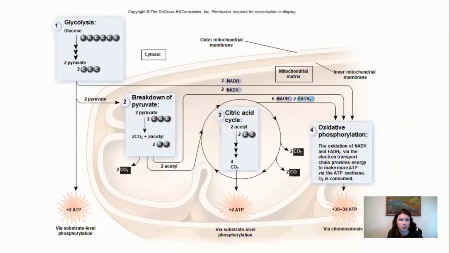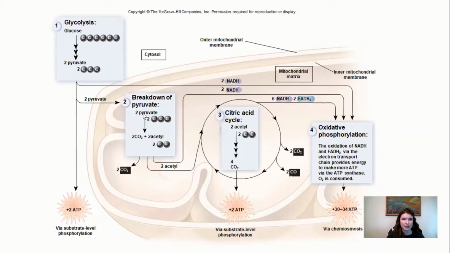Okay, so I'm just pulling up our view of the whole process of aerobic respiration. So we have out in the cytosol, outside the mitochondria, we have glycolysis happening. We're turning glucose into pyruvate. We took those pyruvate molecules, we funneled them into the center of the mitochondria.